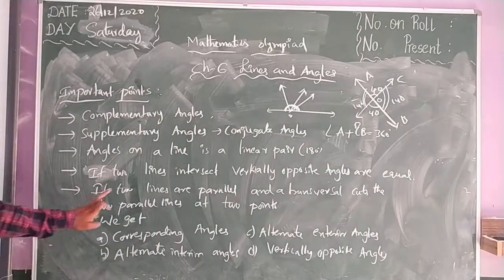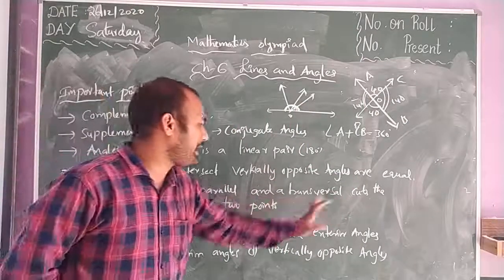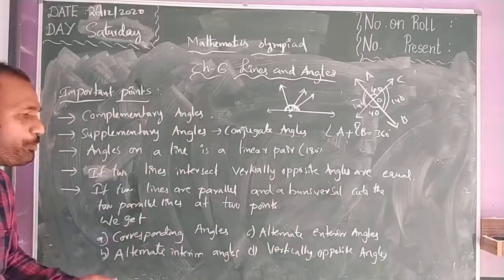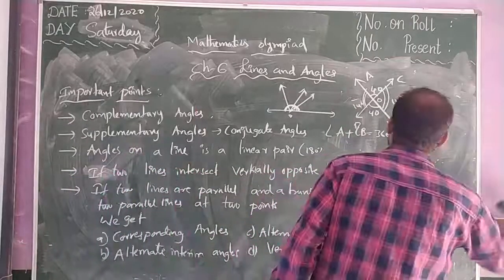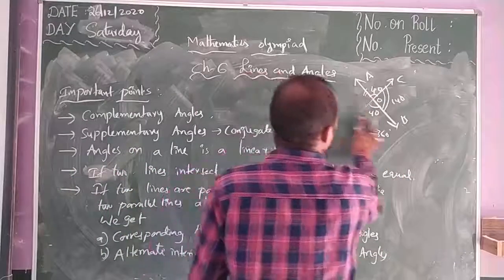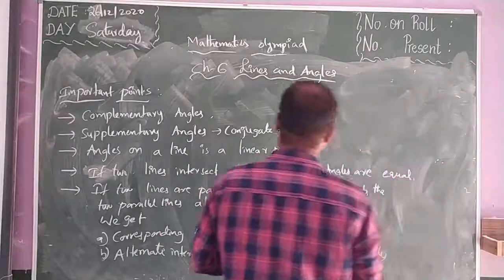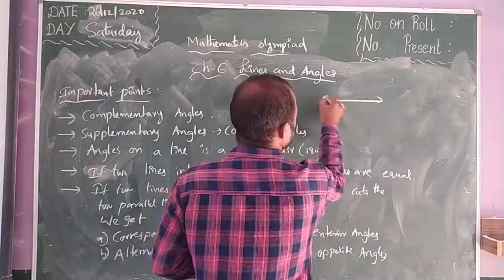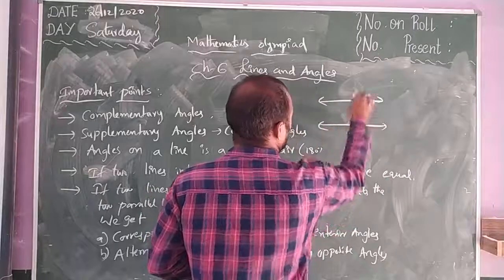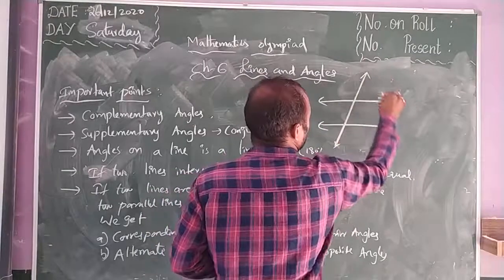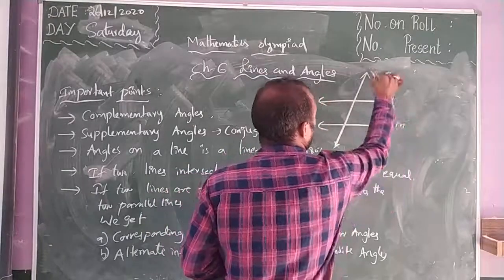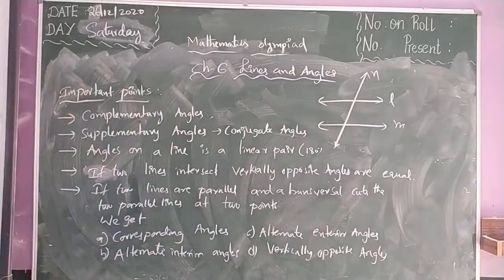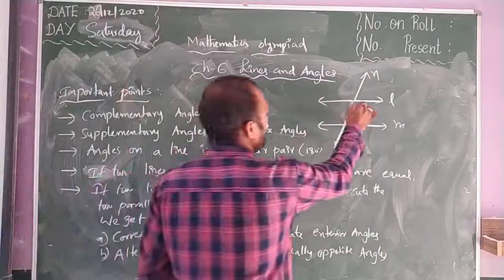Next concept, if two lines are parallel and a transversal cuts the two parallel lines at 2 points. So if you see here, two parallel lines and a transversal. So let us suppose L and M are two parallel lines where N is a transversal and it is intersecting at two distinct points.